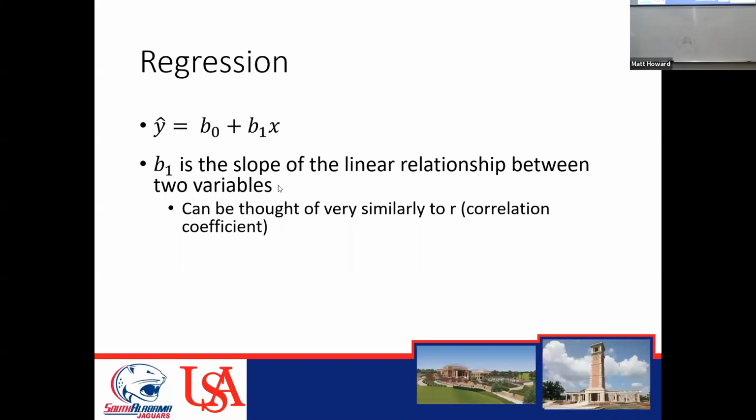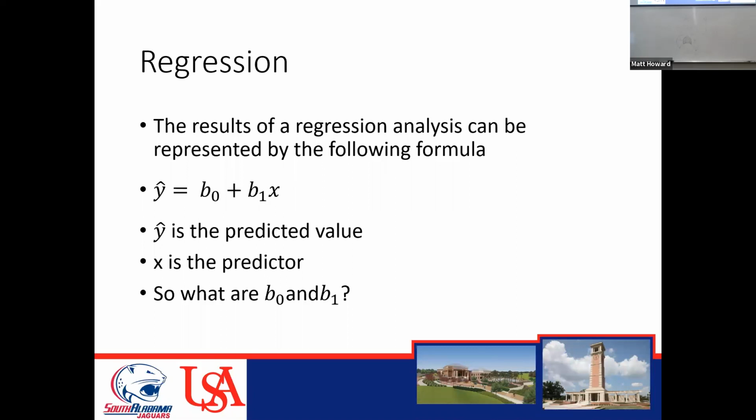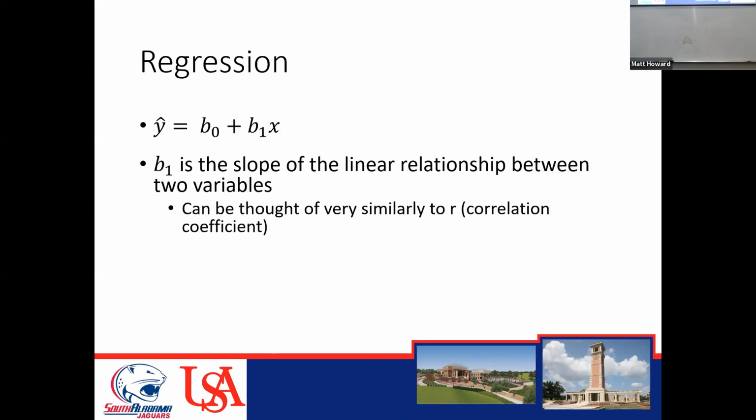Let me back up in case you need to write that. So in this formula, y hat is the predicted values, x is the predictor, and like we just said in class, beta 1 is the slope of the linear relationship between the two variables. You can think of beta 1 very similarly to your correlation coefficient.